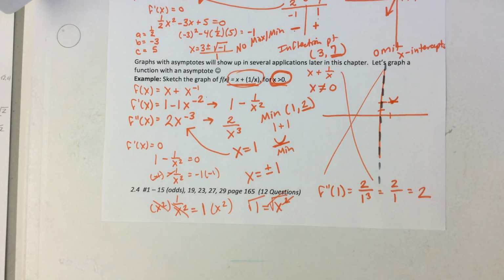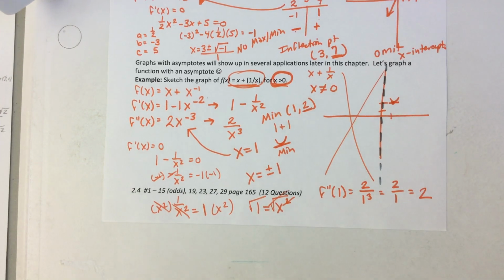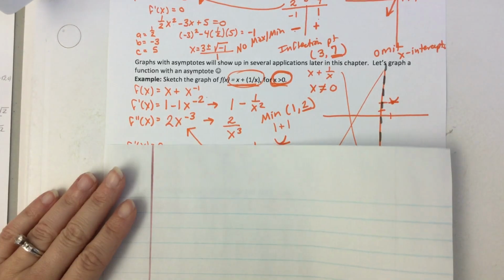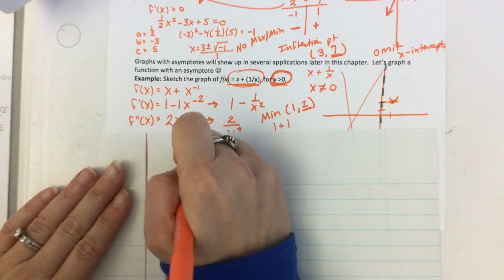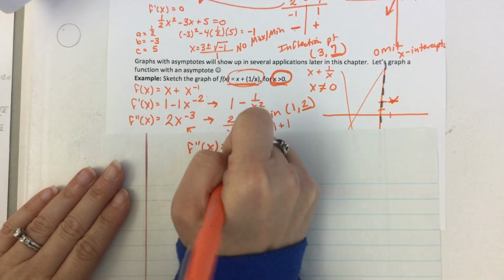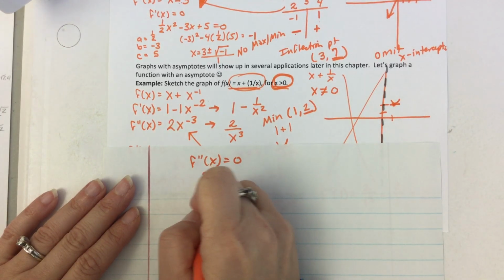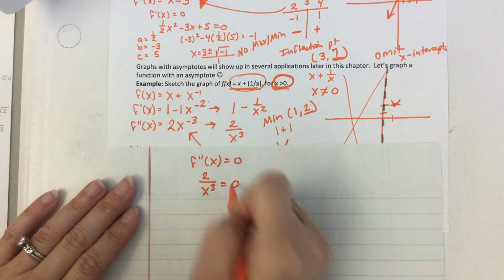Now, the next thing is we want to know if there are any places where it is concave up or concave down, like the switching. We're looking for an inflection point. To find an inflection point, you take the second derivative and set it equal to 0. Our second derivative is 2 over x cubed equals 0.